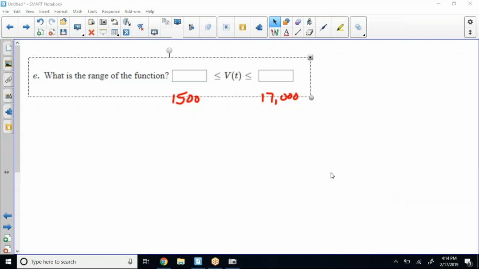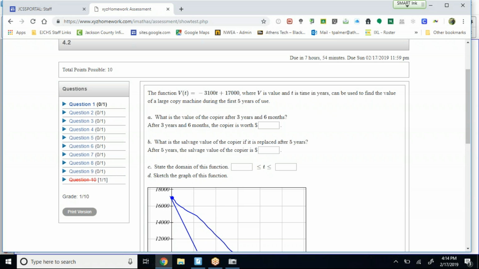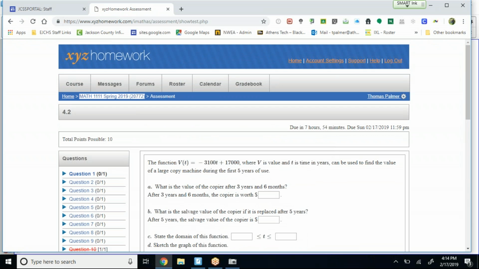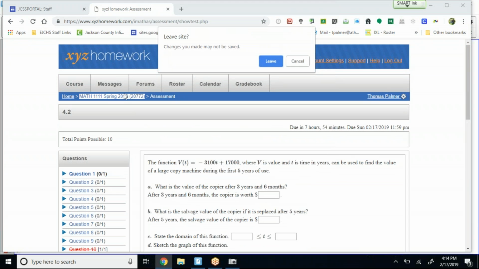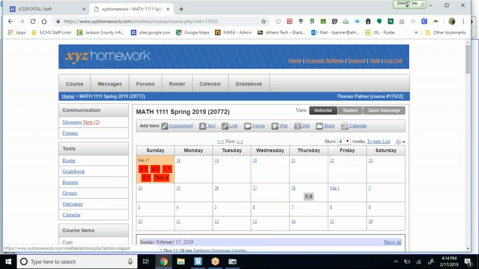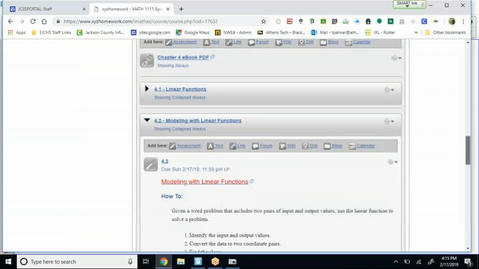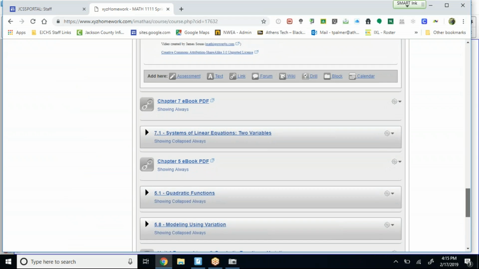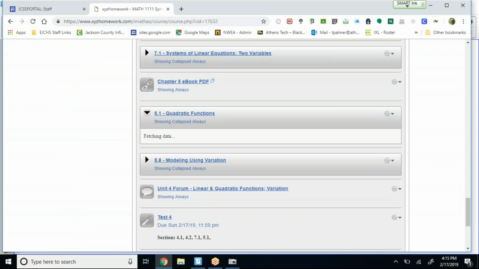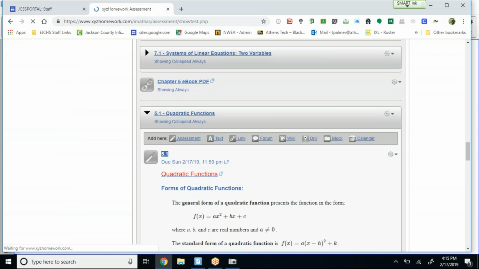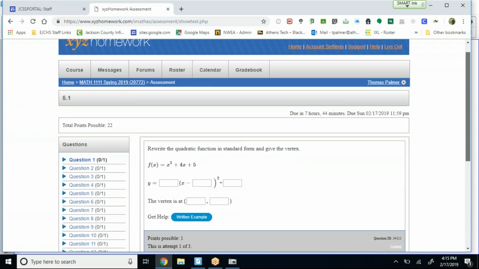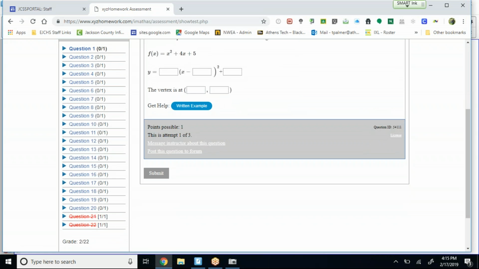All right. What I'm looking at is section 5.1, question number 20. Okay, so let's go here. And this is video, and I'll put them up on help session within Blackboard. 5.1, and it's problem number 20? 20.